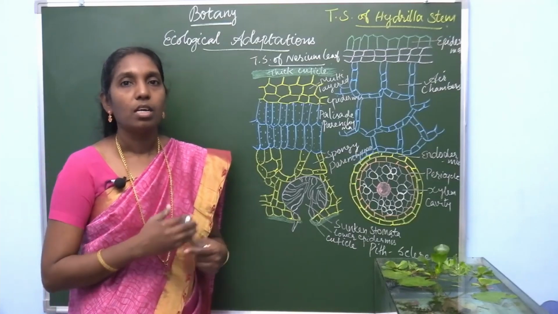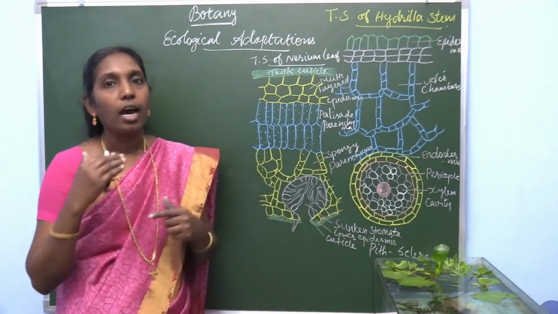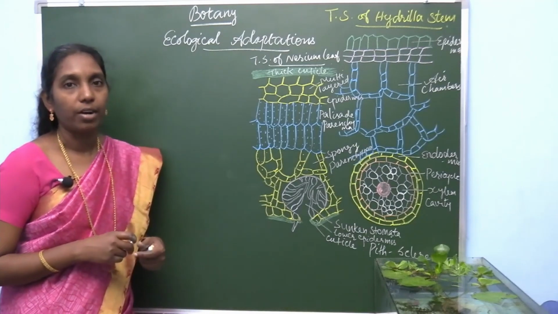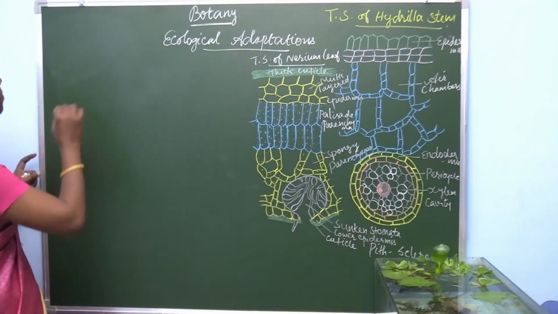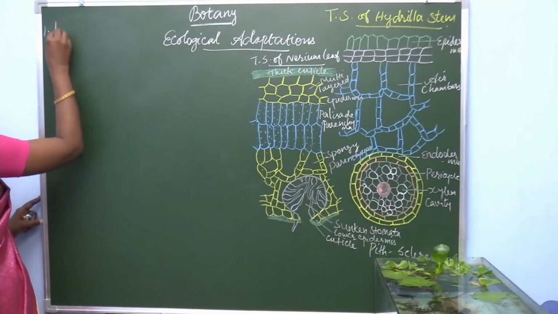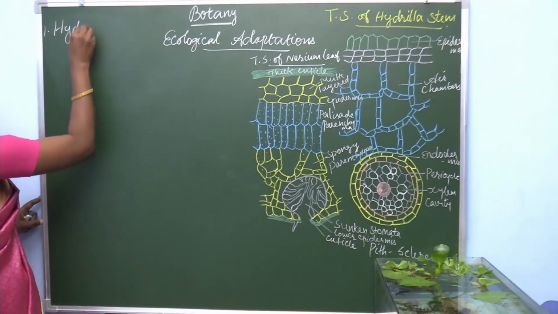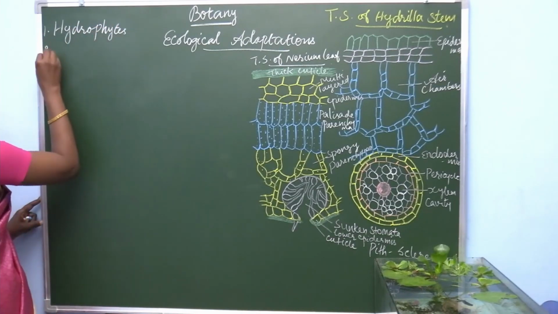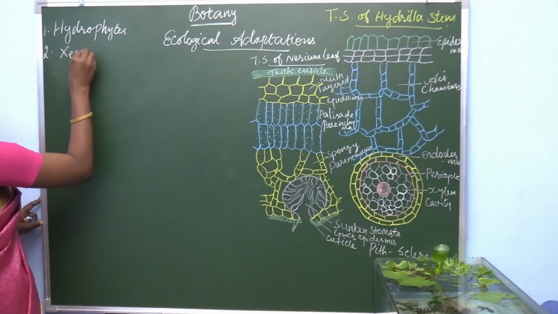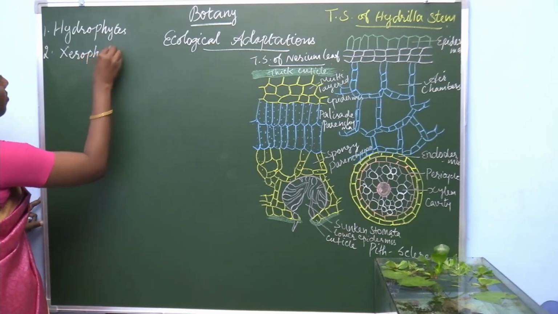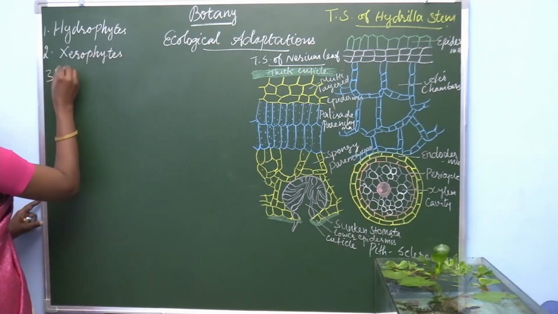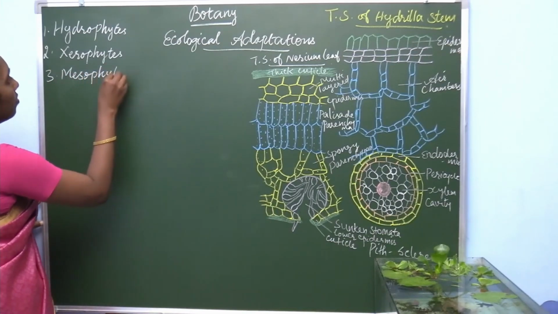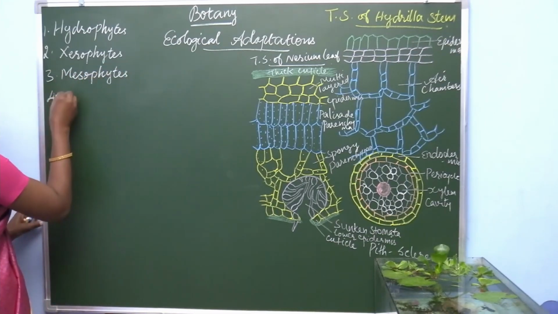Based on this habitat and the corresponding adaptations, the organisms are classified into different types. They are hydrophytes, serophiles, mesophiles, and halophytes.